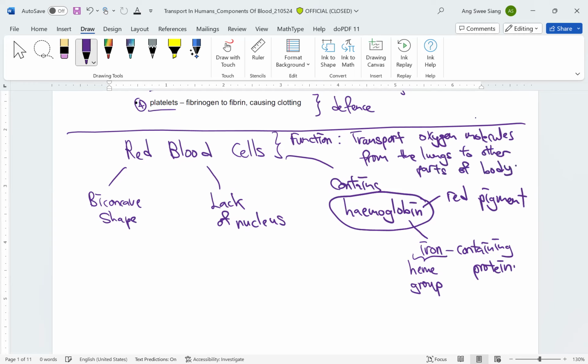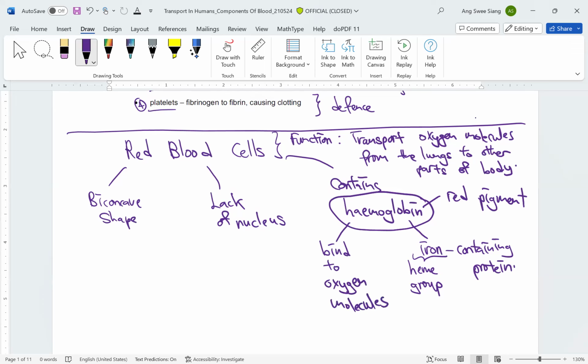Now, in order for the red blood cells to perform this function, it requires the hemoglobin. The hemoglobin is the one that will bind to the oxygen molecules. Very good.